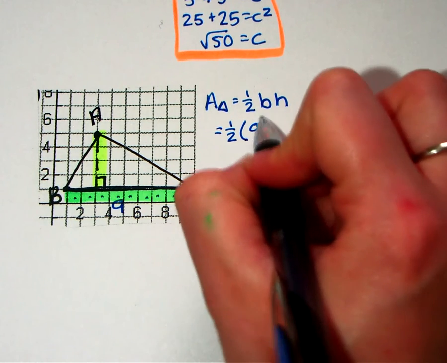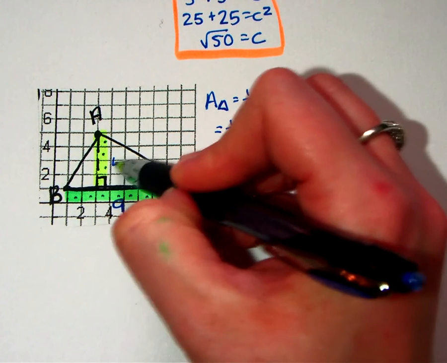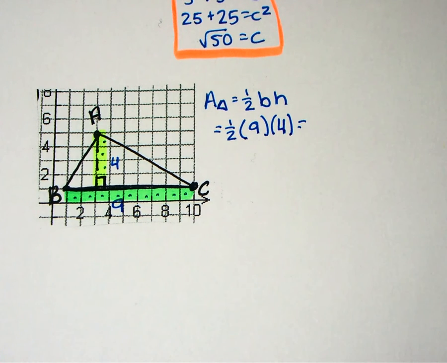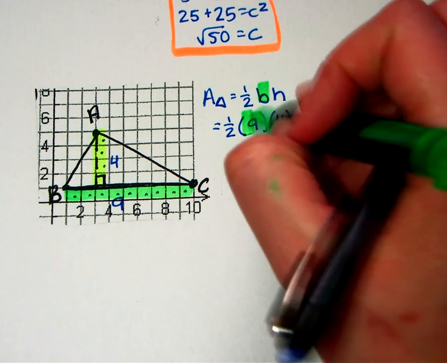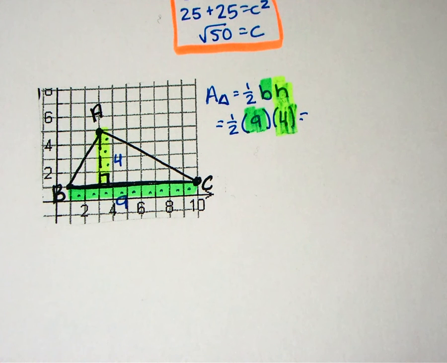So our base is 9. Our height is 1, 2, 3, 4. So again, our base length is 9, that's what we counted, and our height length is 4.